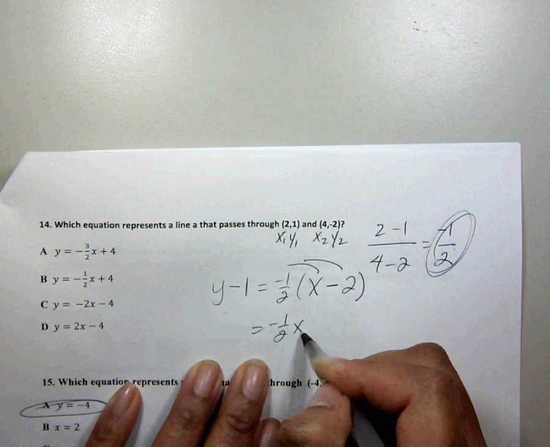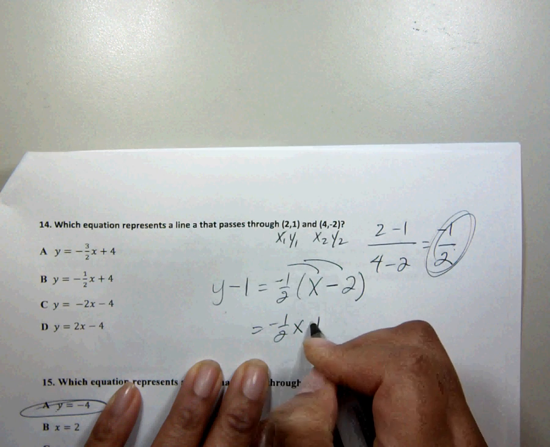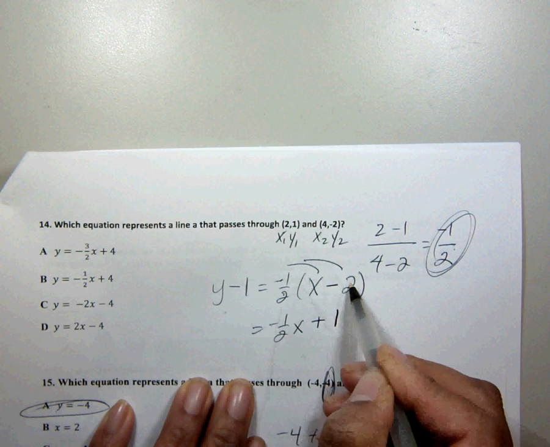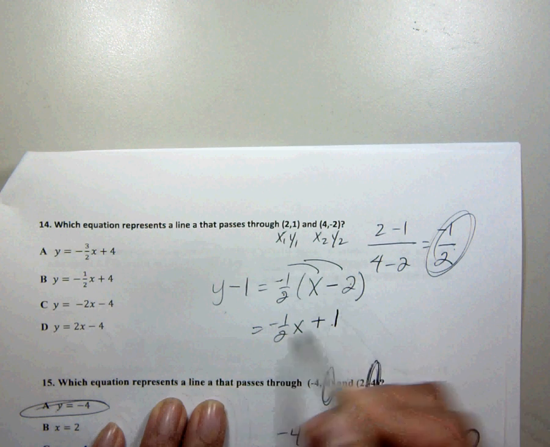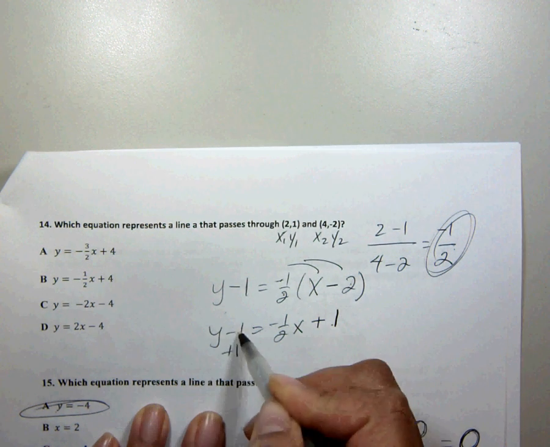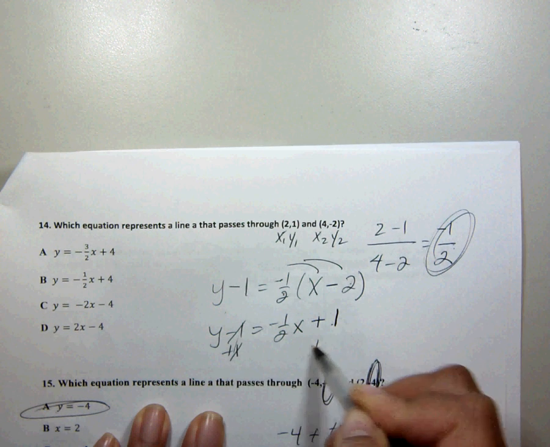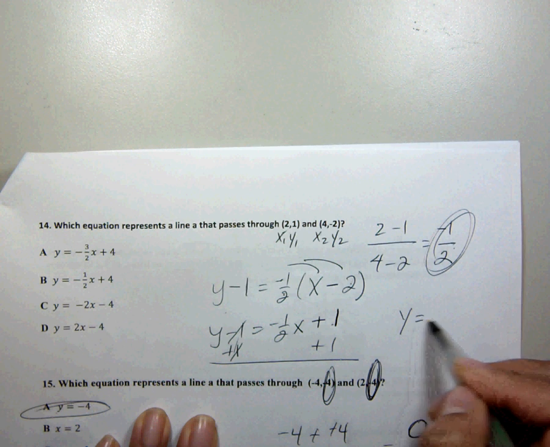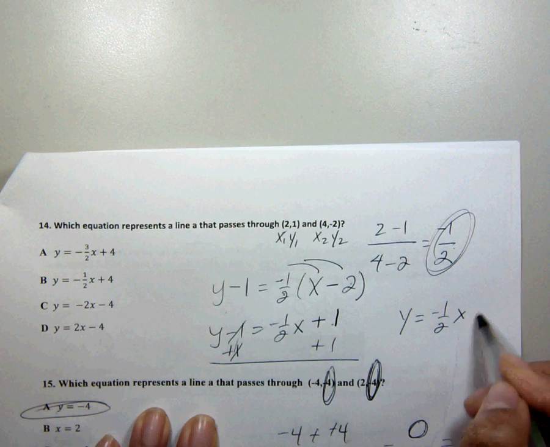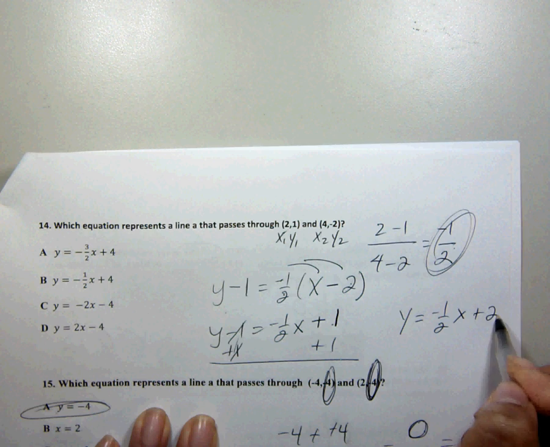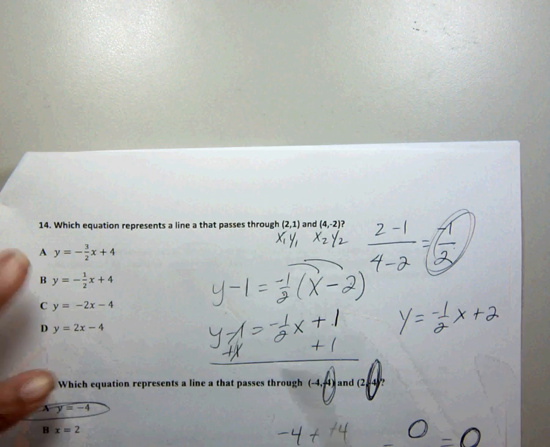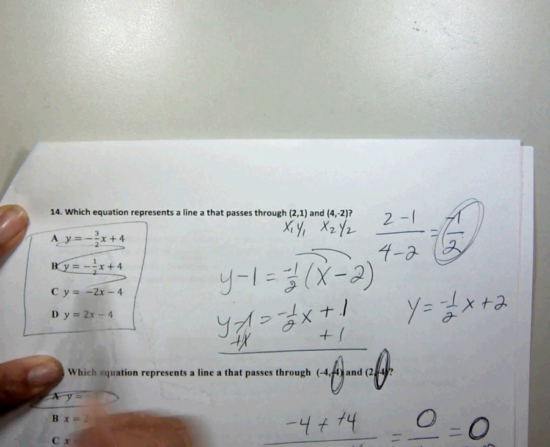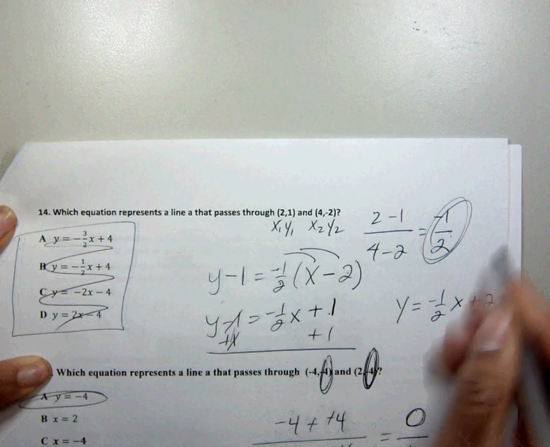Negative 1/2 x. Negative times a negative is a positive. Plus 1. When you multiply 1/2 times 2, it's just what's 1/2 of 2. It's 1. Then I'm going to add to do the inverse operation. And the final answer is y equals negative 1/2 x plus 2. And as you can see on number 14, that answer is not there. So that was a mistake, but here is the answer.